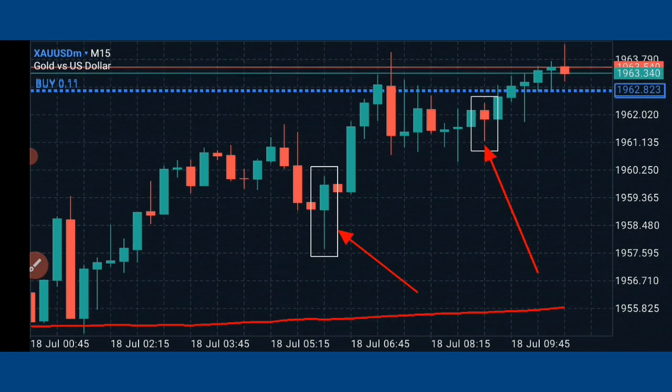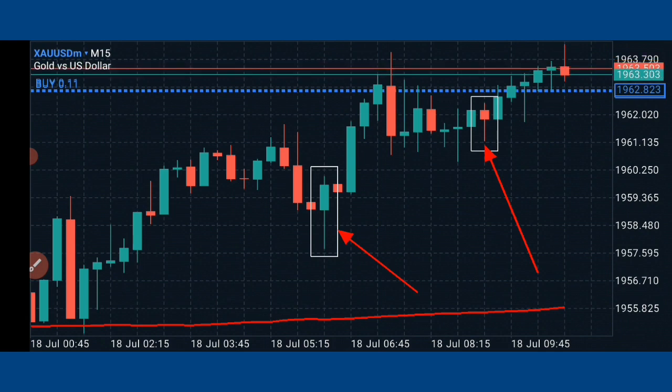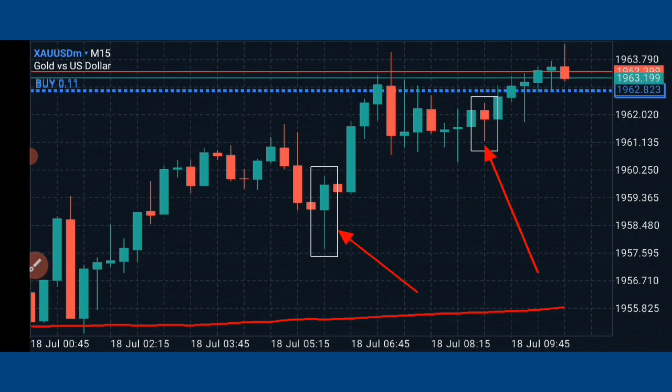That is why we are going to need the knowledge of some candlestick formations, in the sense that maybe you have drawn the support and resistance with horizontal lines, or you have drawn your trend lines, and use some tools.